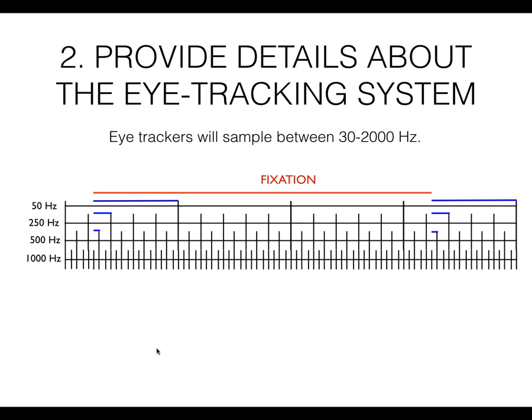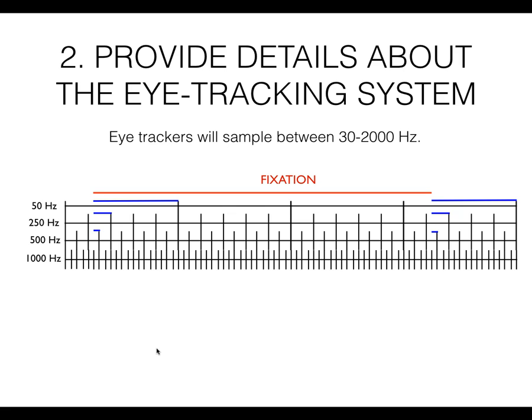Just to show you why sample rate matters, here I have a theoretical fixation in red. It starts at this time point over here, and ends at this time point over here. I've got 4 different eye trackers, each sampling at a different resolution.